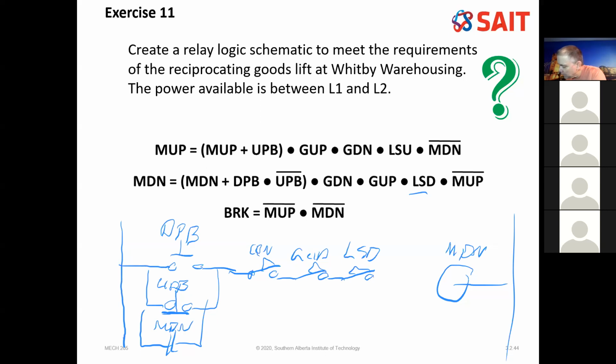I would probably put this on the top because it's going to be pushed open by the door. When the elevator comes down, it'll hit it from the top. So I'm going to put it off the top of this thing, and not motor up. So the motor down can't happen if the motor is going up.